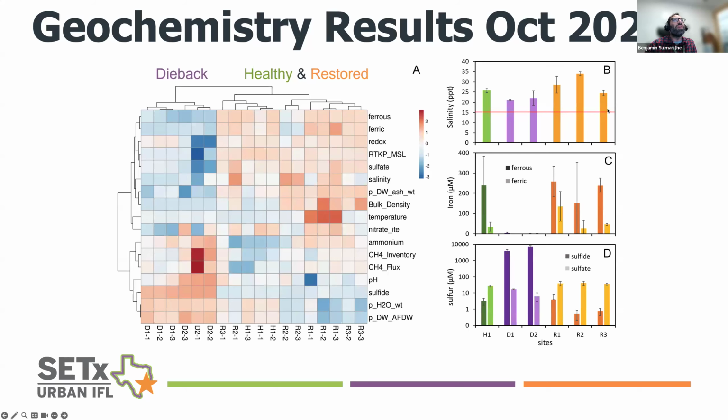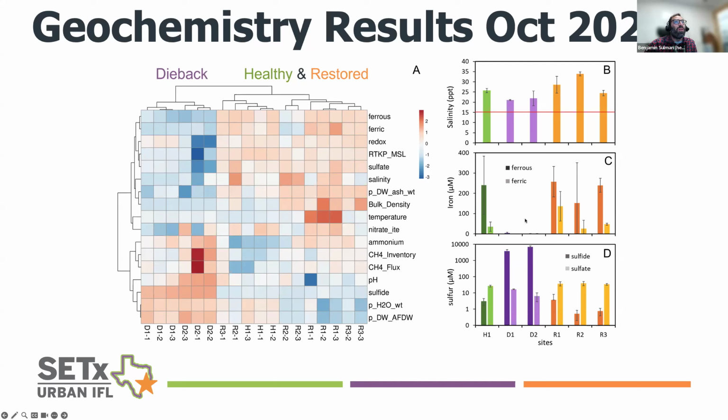The salinity is actually not quite as variable as you might expect. So salinity is maybe not as much of a driver as some of the other things. Sulfur cycling is quite different. So sulfide is really high in the degraded marshes. And as I mentioned, sulfide is toxic to plants, so that contributes to some of the land loss of vegetated area that's going on there.